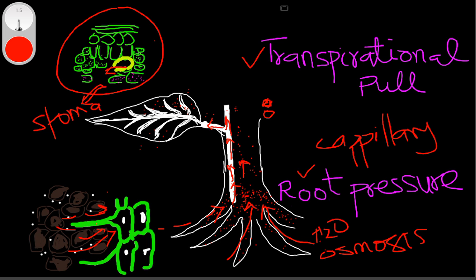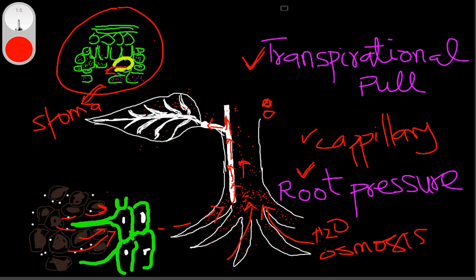It's known as transpirational pull. So don't forget, the major ways that the xylem transports water is by the transpirational pull that I just explained, and the root pressure, when water accumulates in the root and it doesn't have anywhere else to go except to go up via capillary action.